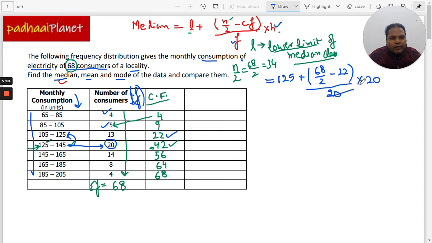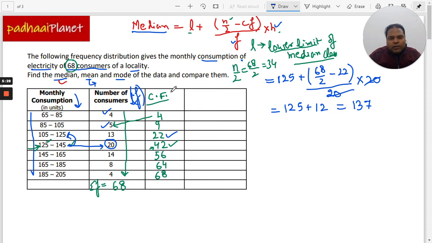Now 20 gets cancelled with 20. Let's simplify further: we get 125 plus 34 minus 22, that is 12, and finally we get 137. That's the median of the data which is given.